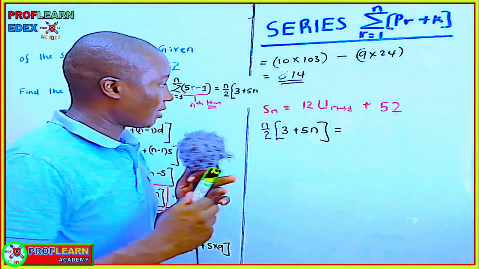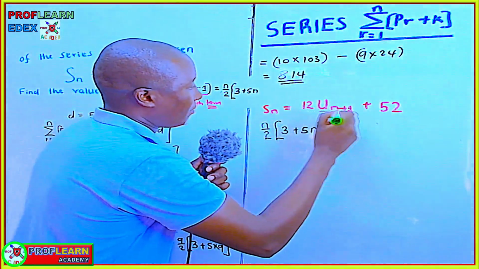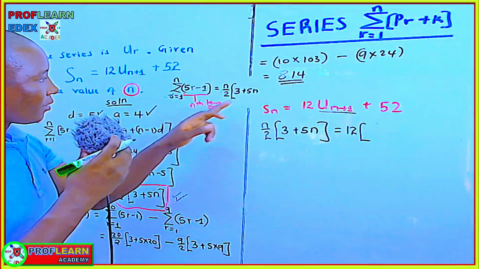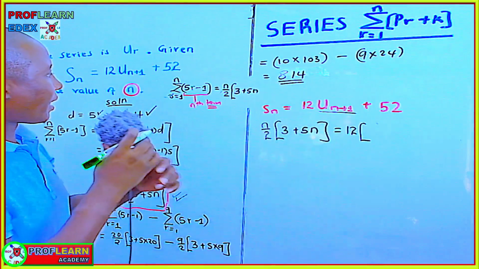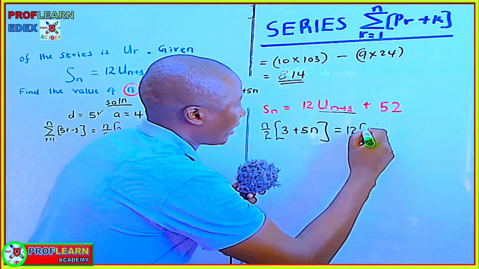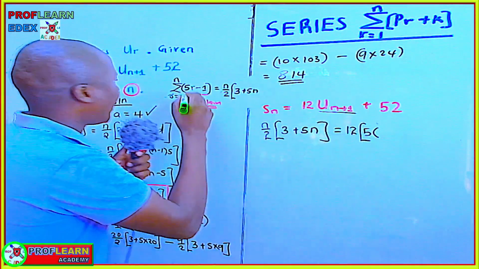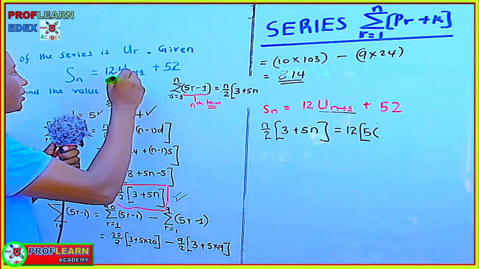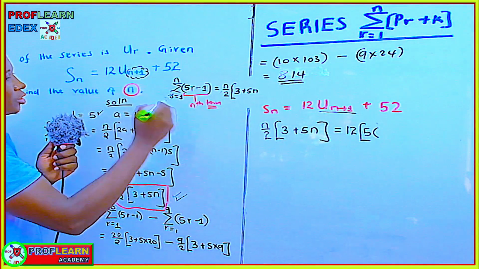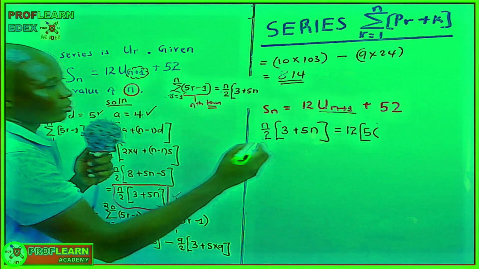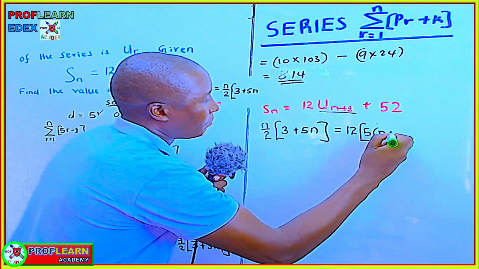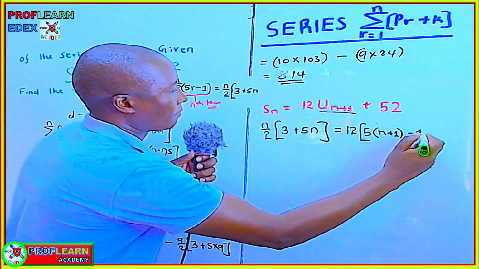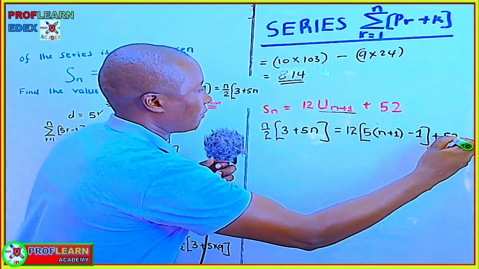So when we are going to write this term here, we are going to say 12 into bracket 5. Our r now becomes n plus 1 because we were told this is n plus 1. So instead of saying r, we are going to say n plus 1, then minus 1, then plus 52.